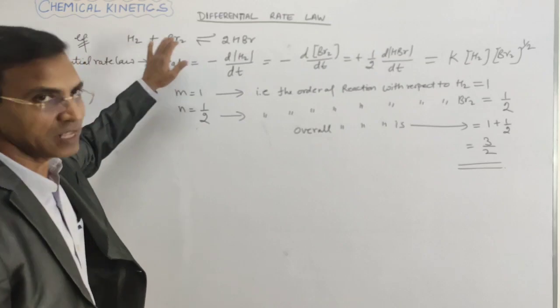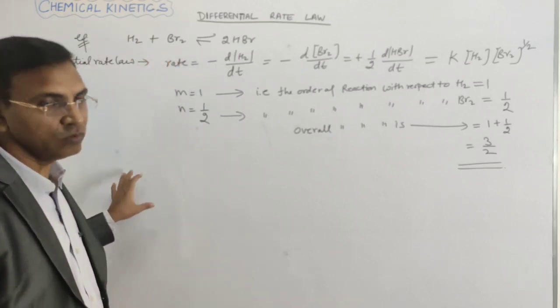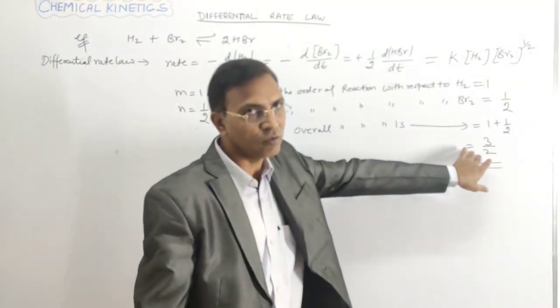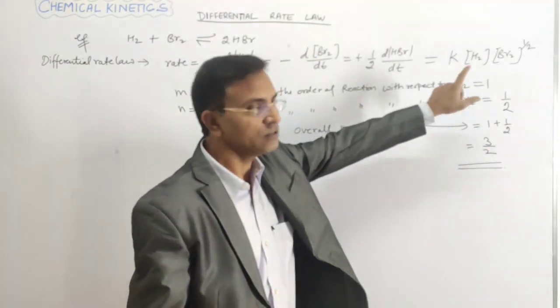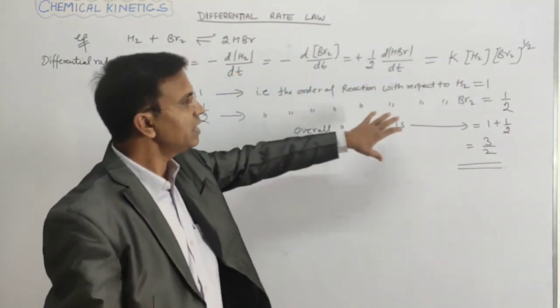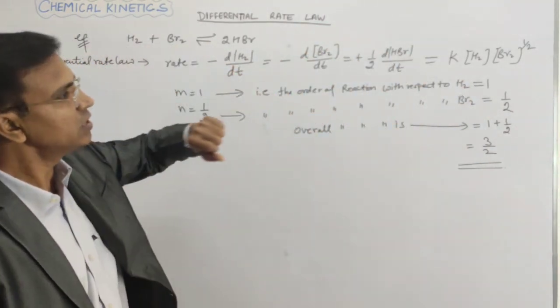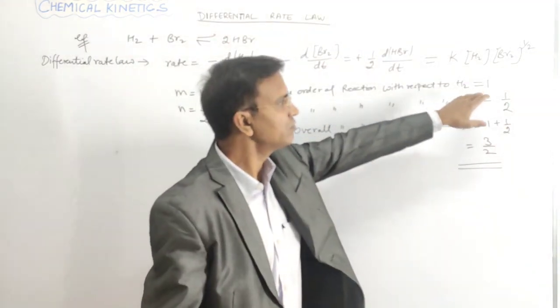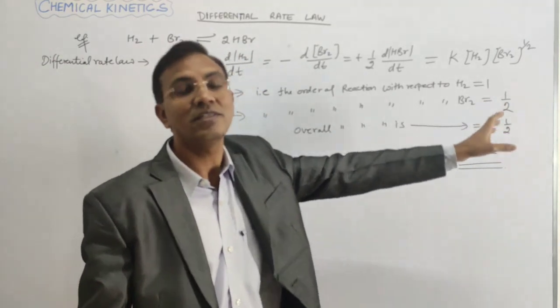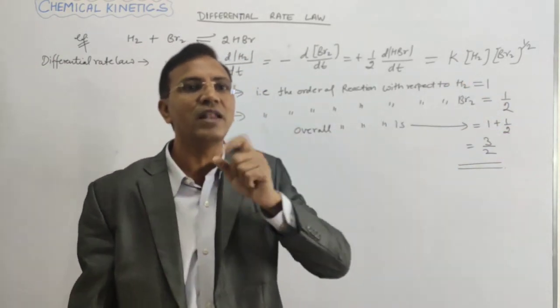And in the previous example, H2 plus I2, it is a second order reaction overall, and with respect to hydrogen it is 1, with respect to iodine it was 1. But here in case of H2 plus Br2, the order of reaction with respect to hydrogen is 1, with respect to bromine it is 1 by 2 this time. So these are experimentally calculated values.